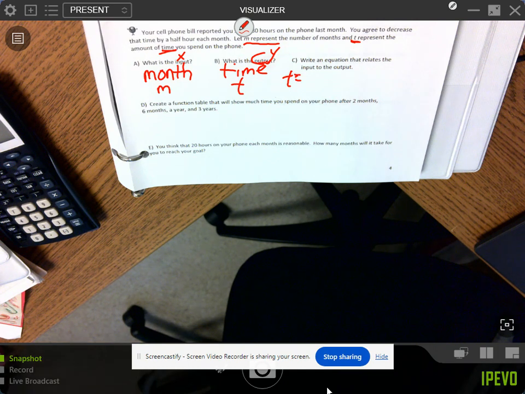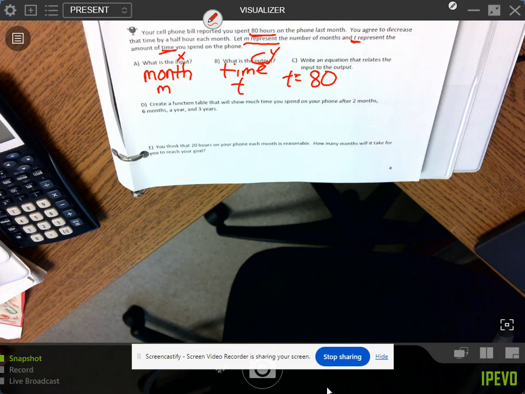What are we always starting with here? What's our constant, Adeza? 80? Yeah. 80 hours. So we had 80, and we're going to decrease. What operation would be decrease? Add, subtract, multiply, or divide.